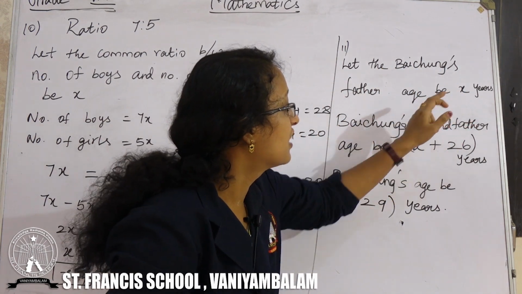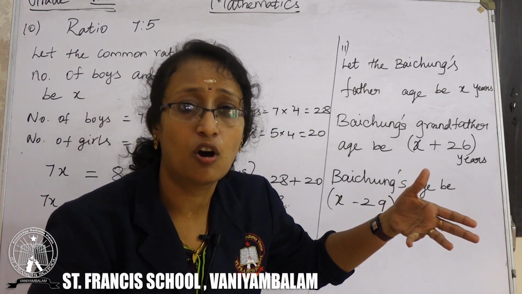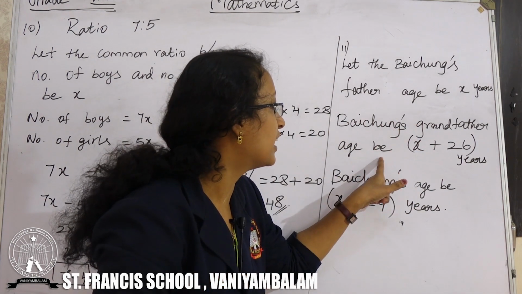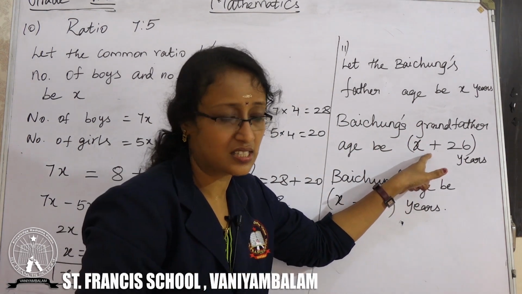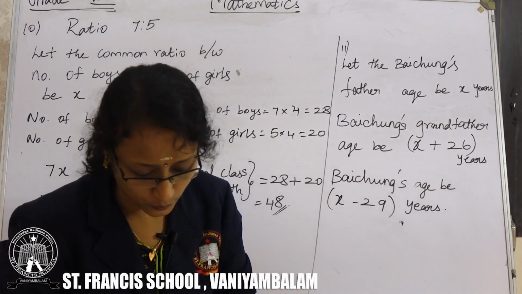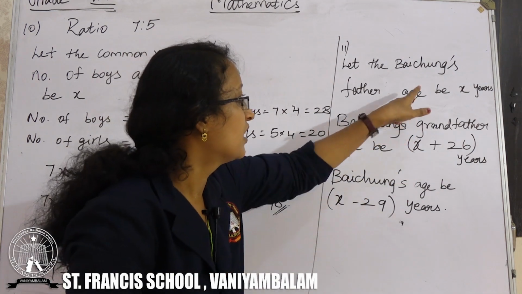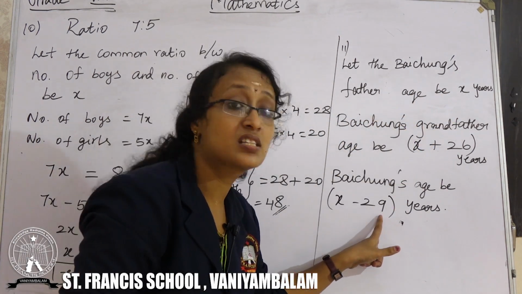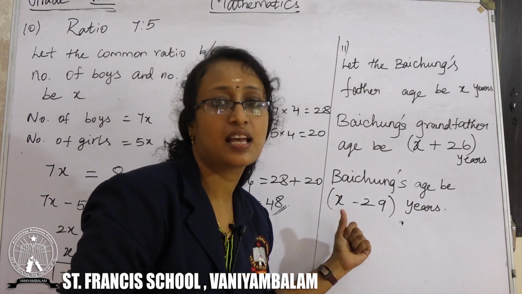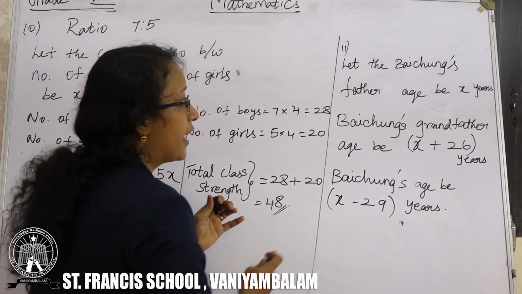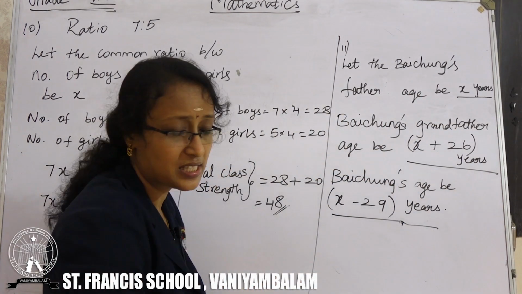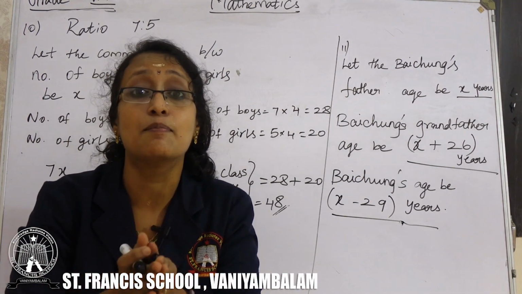Grandfather is more than the father, so x plus 26. And it is given the father is 29 years older than Baichung, so Baichung is 29 years less than his father. So you can take this as x minus 29. We got the three ages.